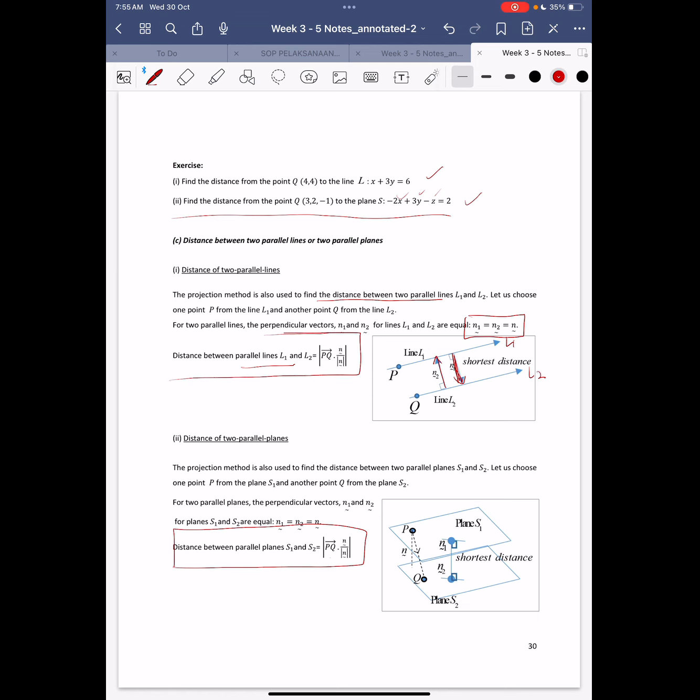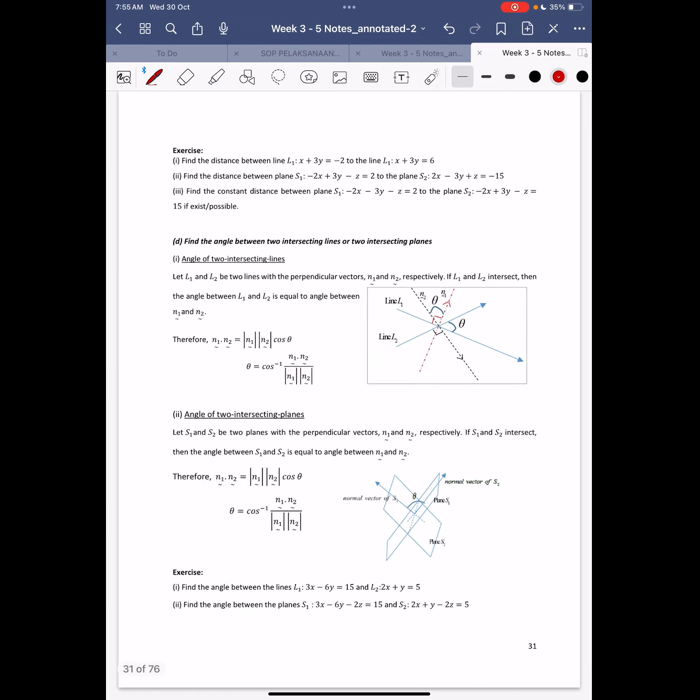Here are two lines, right? Please do this exercise, we will discuss it in class. If you want to find the angle between two intersecting lines, we covered previously that for vectors A and B, if you do the dot product, the angle between A and B is called theta.